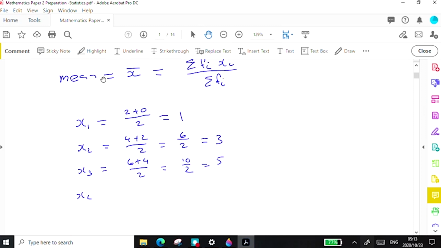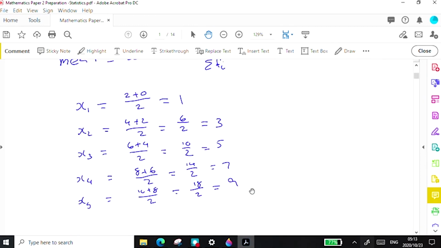And x4 will be 8 plus 6 divided by 2, which is 14 divided by 2, which is 7. And x5 will be 10 plus 8 divided by 2, which is 18 divided by 2, and this is 9. And these are our midpoints.